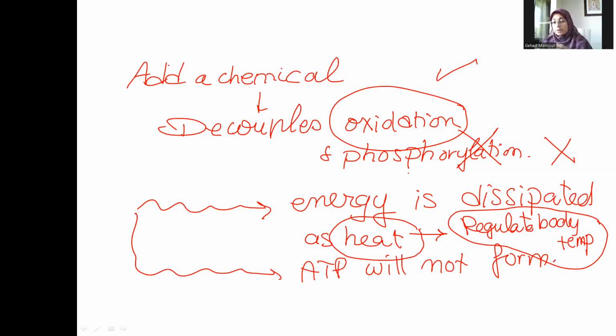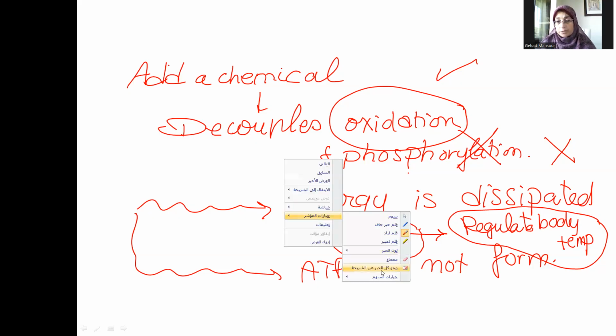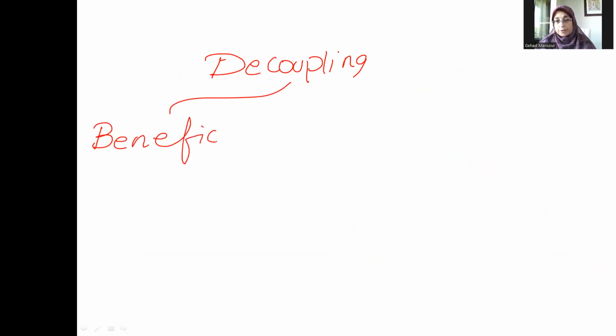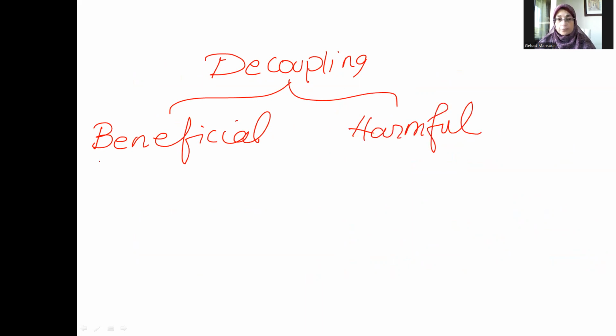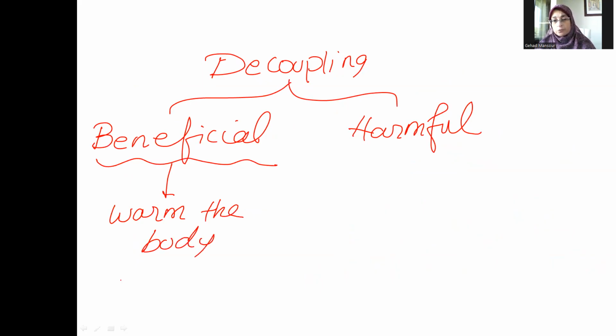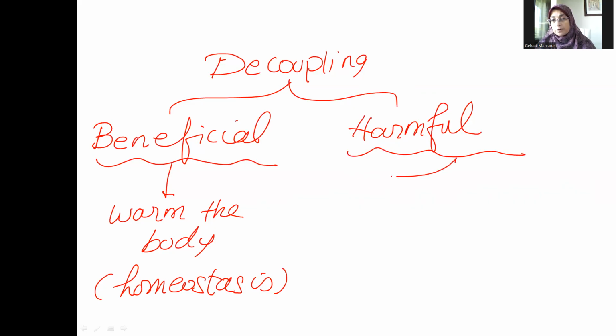And we are going to write this because it is important. We are going to erase all the, so here, decoupling of oxidation and phosphorylation might be beneficial and might be harmful. When is it beneficial? To warm the body and therefore it might be important for regulation of body temperature and for homeostasis, but it might be harmful in two ways.